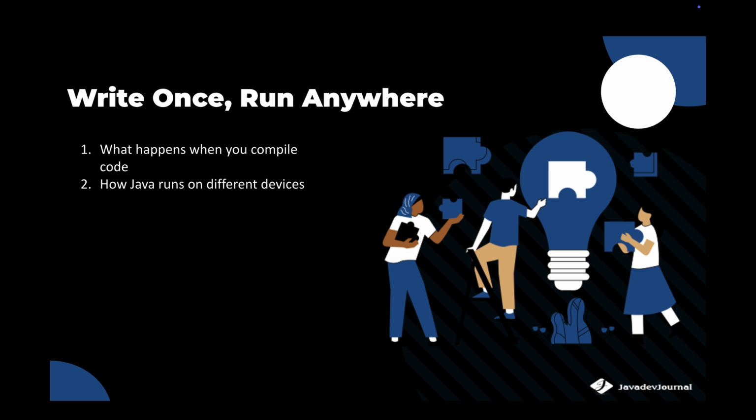It's the platform independent feature, which, as I said, is one of the fundamental and powerful features of Java. And then we're also gonna talk about what are the different tools which we need in order to develop our Java program. All right.